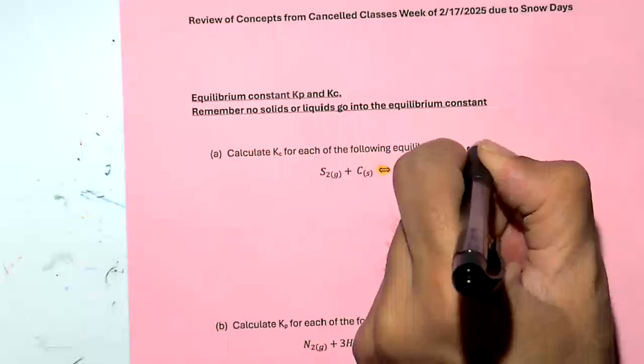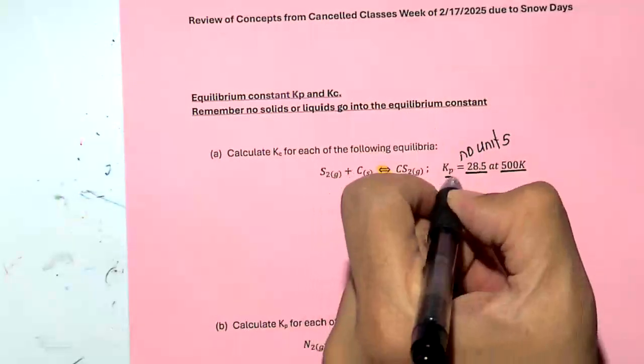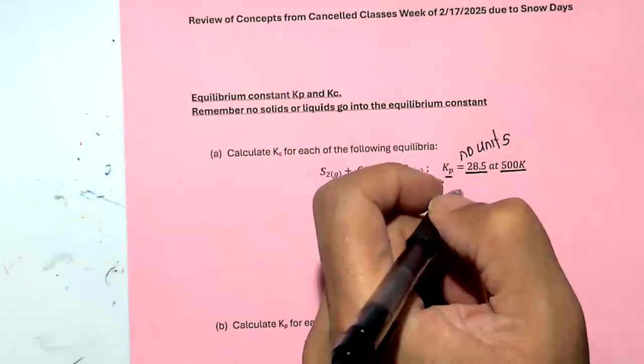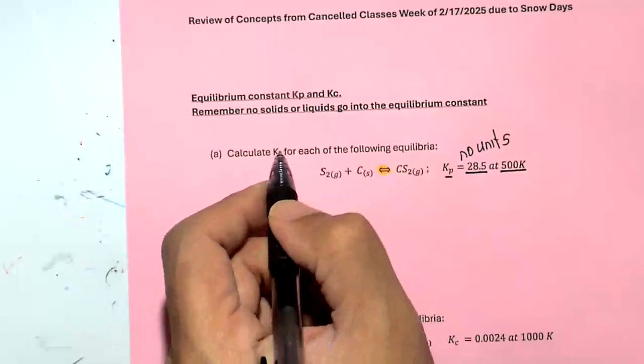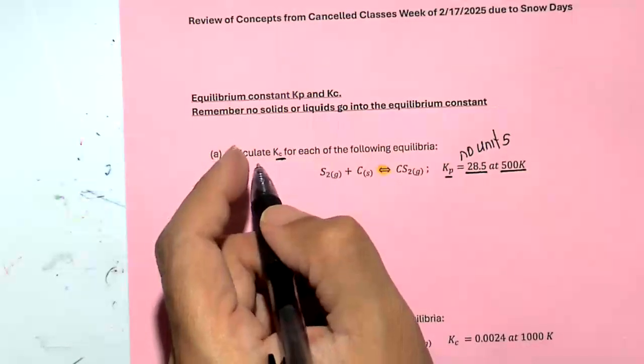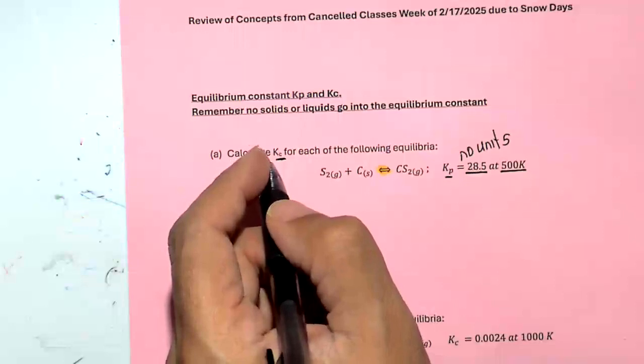Notice that it has no units. So that's nice for us. And the P stands for pressure. But we want it in terms of concentration, the equilibrium constant in terms of concentration. So the equation to go from concentration to pressure and vice versa is this.